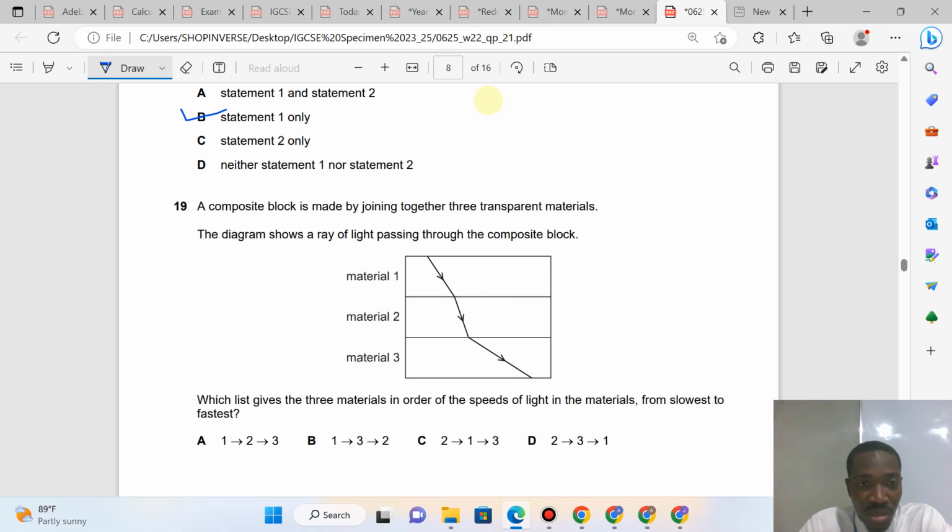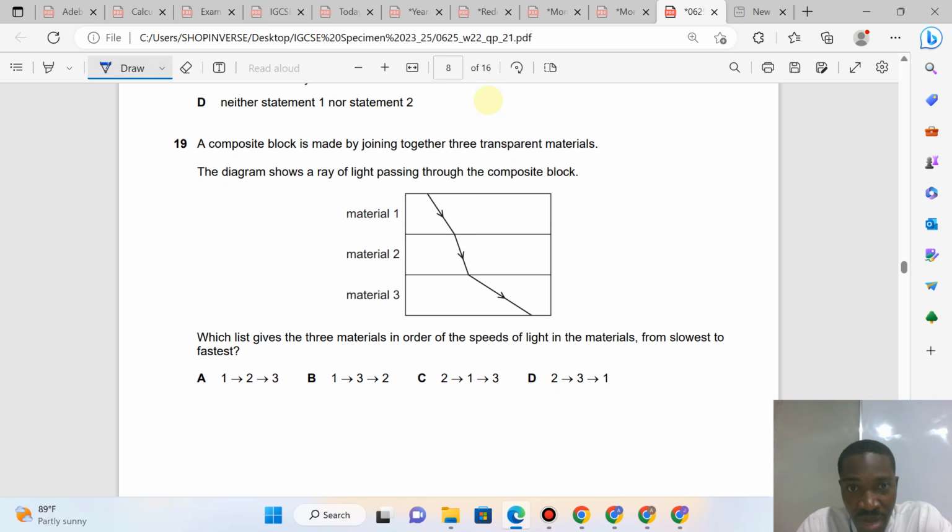Question 19. A composite block is made by joining together three transparent materials. The diagram shows a ray of light passing through the composite block. Which list gives the three materials in order of the speeds of light in the materials from the slowest to fastest? In this first case, it's refracted closer to the normal and then away from the normal.